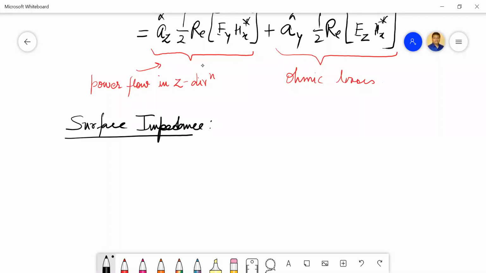This is the ratio we define as ZS, the ratio of ET over JS. What is ET? ET is the tangential component of the electric field. And JS is the surface current density at the conductor surface.